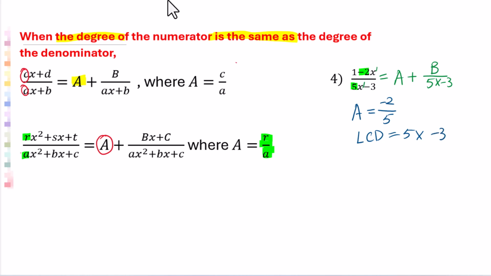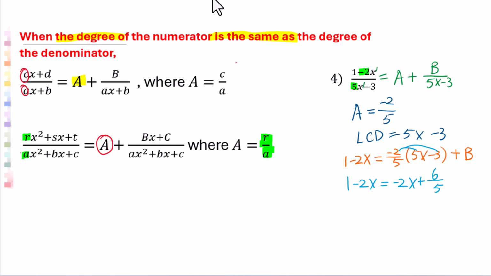Both sides times LCD. 1 minus 2x equals negative 2 over 5 times 5x minus 3 plus b. We need to figure out this b. Distributive property. 1 minus 2x equals negative 2x plus 6 over 5 plus b.